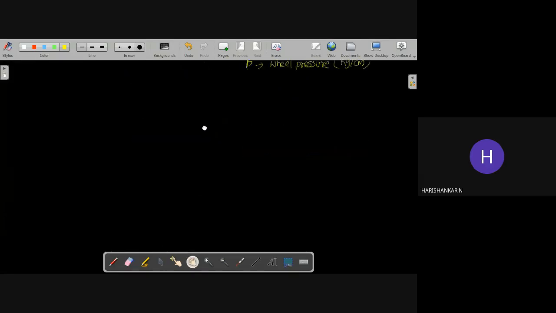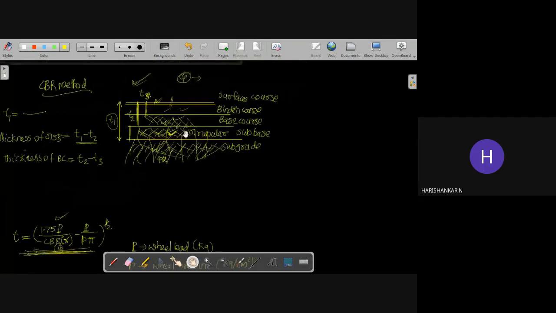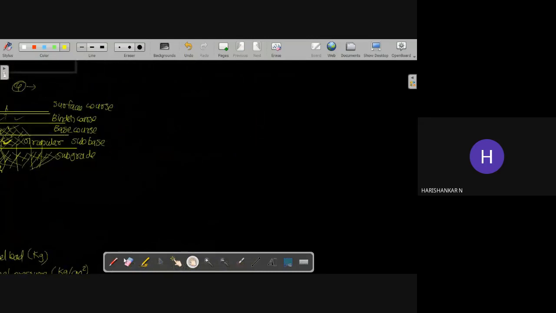Now we can see the individual layers. Here you can see, okay, I have already drawn the layers. It is the surface course or wearing course. After that, the binder course, then base course and sub base.